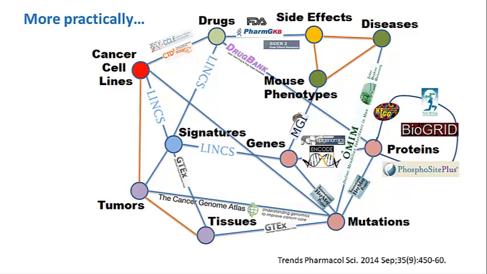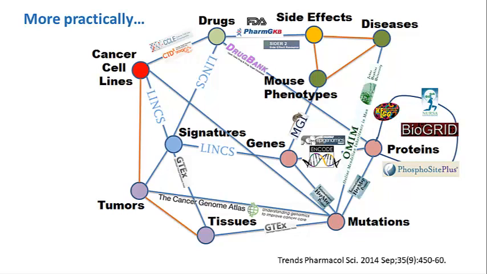Those tumors come from different tissues, and they could also be associated with cancer cell lines, which are used either to take the tumor and convert it to a cell line, or to find which cell line is most similar to a specific tumor, for example, from TCGA.